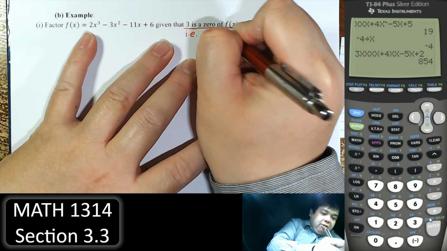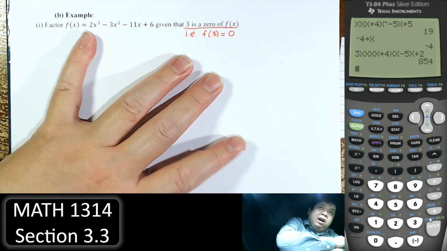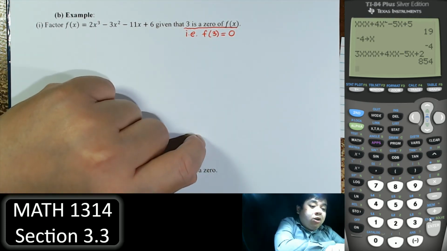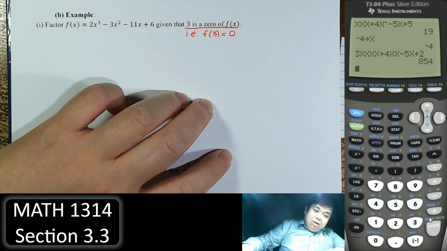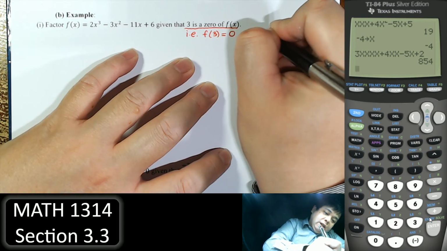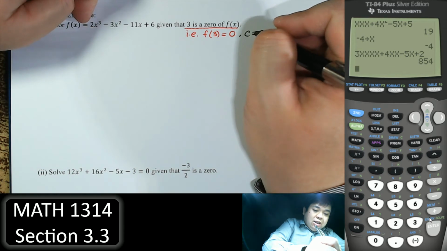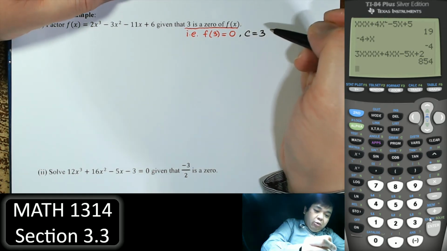So that is the definition of a 0. Meaning that if we put 3 into the function, it will be equal to 0, right? Now, in this case, c is equal to 3. If this polynomial is divided by x minus c, or x minus 3, the remainder would be 0.